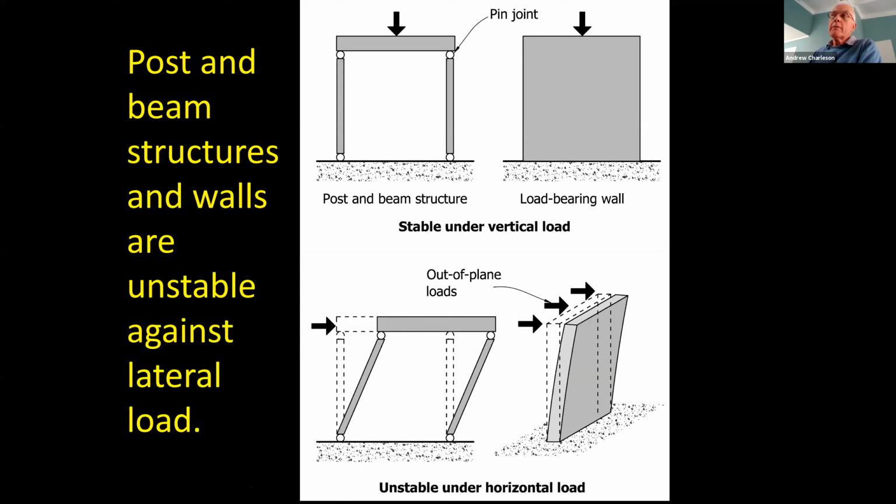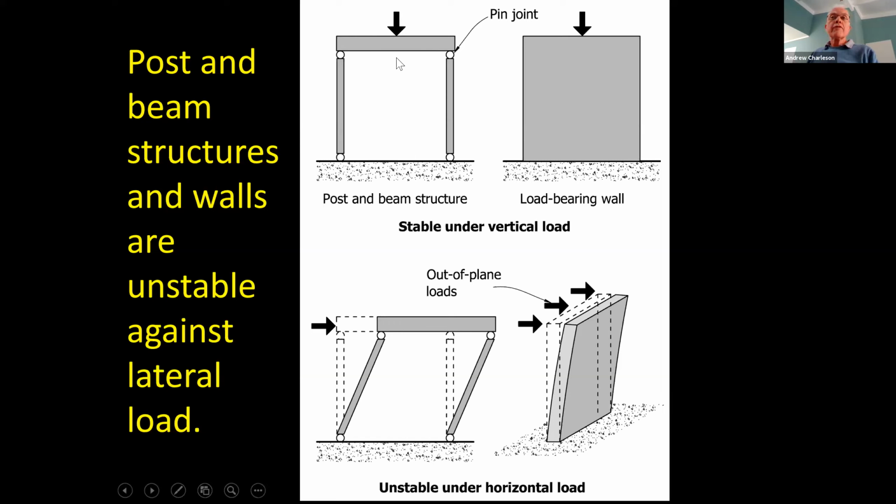Let's look at a post and beam structure. By definition, a post and beam structure consists of posts with pins or flexible joints at the bottom and the top of each post. And the beam is just like simply supported, resting on top of the posts.